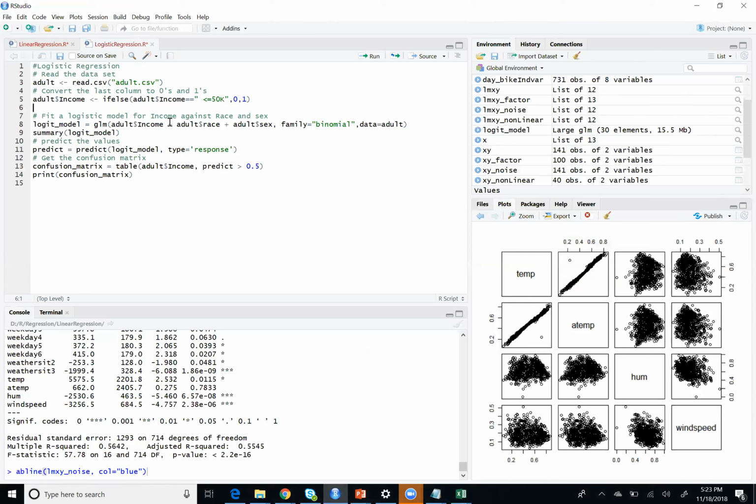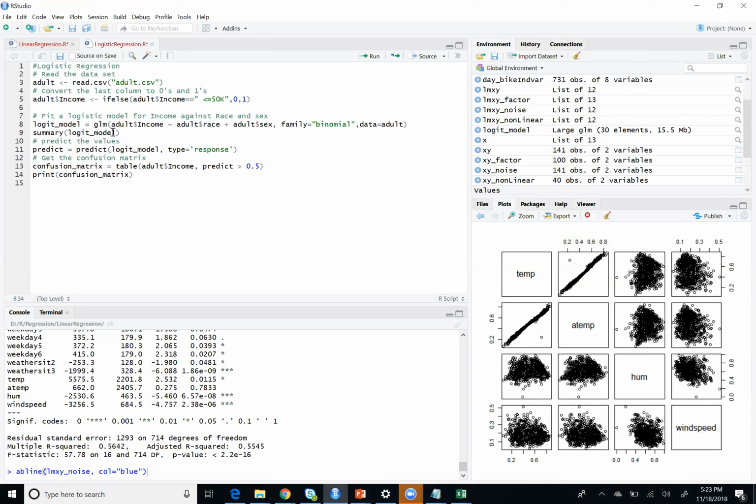As I told you last time, this tilde operation means y versus this. If you want to use all the columns, you just use a dot. But if you want to use only some columns, you say tilde, race, and this other column, and then use a binomial.